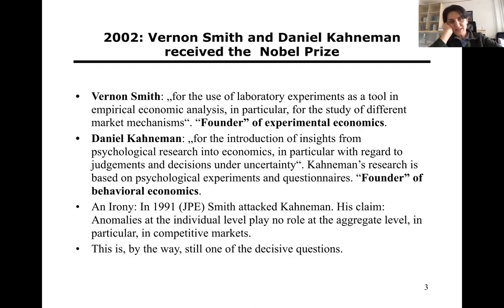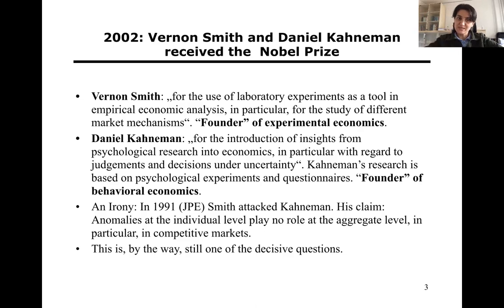So in 1991, Smith attacked Kahneman. His claim was that anomalies at the individual level play no role at the aggregate level, in particular in competitive markets. Vernon Smith was looking at the markets, right? When he looked at the aggregate data, the aggregate data converged to the predictions. But Kahneman is looking at the individual level, where there are deviations in behavior.